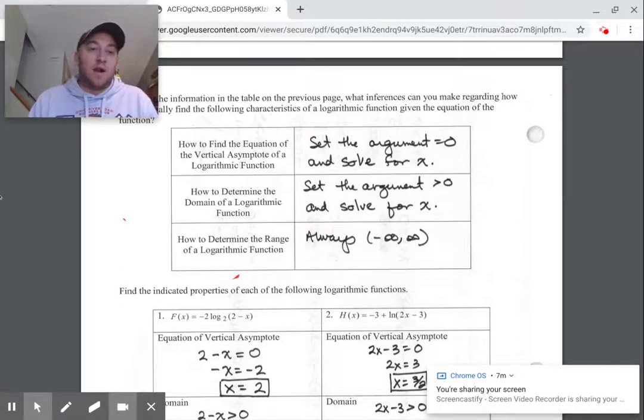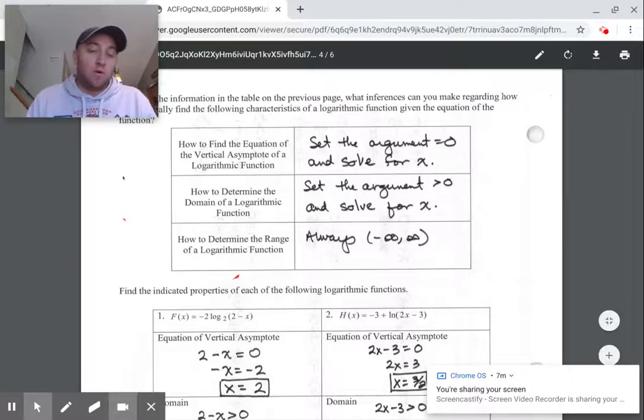So if I think, all right, a logarithm is the inverse of that. Now, instead of a horizontal asymptote, we have a vertical asymptote. So how do I find the vertical asymptote of a logarithmic function? You set the argument, whatever it is inside of your logarithm, equal to 0 and solve for x. How do you determine the domain? Well, this is the exact opposite of an exponential equation. So how we found the range of an exponential equation is how you find the domain of a logarithmic function.